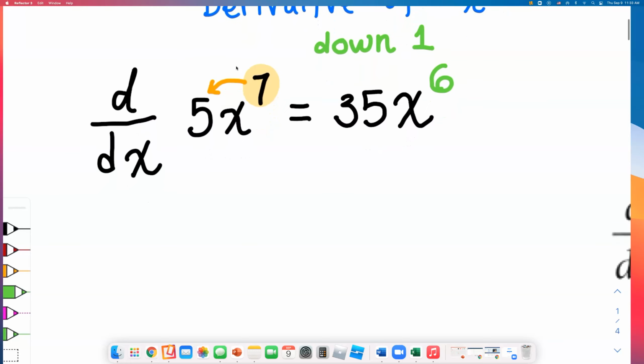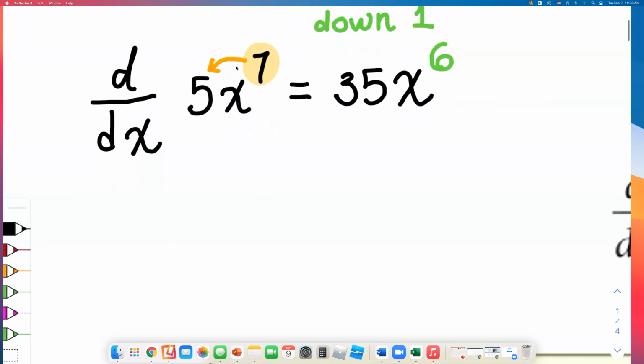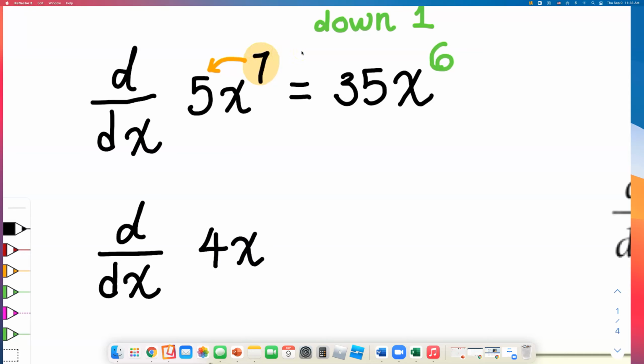All right, I think it's easier to pick up on this rule by looking at a whole bunch of patterns. So let me give you another one. What if you have 4 times x to the 11th power? Ooh, what if you have that? All right, let's use the power rule to differentiate this. You multiply the original exponent by the coefficient that you have.